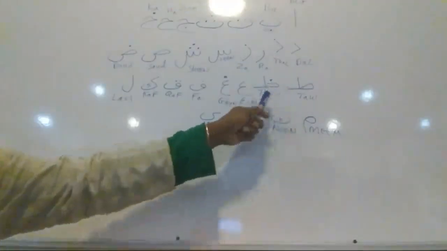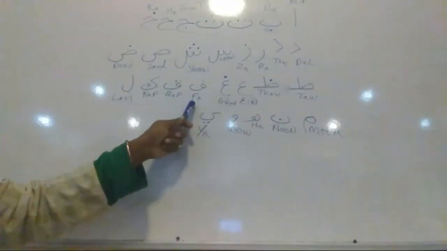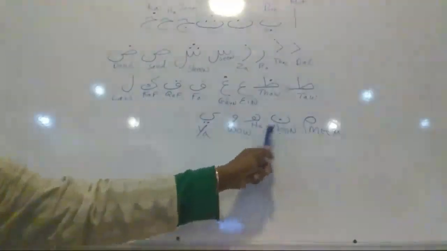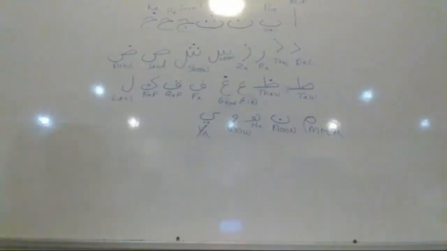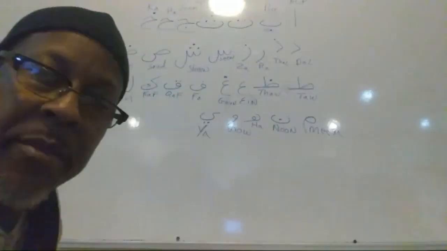Ta, tha, ain, gain, fa, qaf, kaf, lam, meem, noon, ha, waw, and ya. Those are the 28 letters. You want to memorize those as soon as possible. Does anybody have any questions about the first 28 letters?